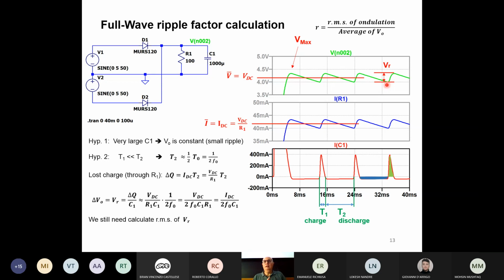Anyway, in most cases we are more interested in the ripple than in the ripple factor, because the ripple tells us how much noise is in the output voltage. The ripple voltage is one of those parameters that they usually give you in the data sheet for a power supply.